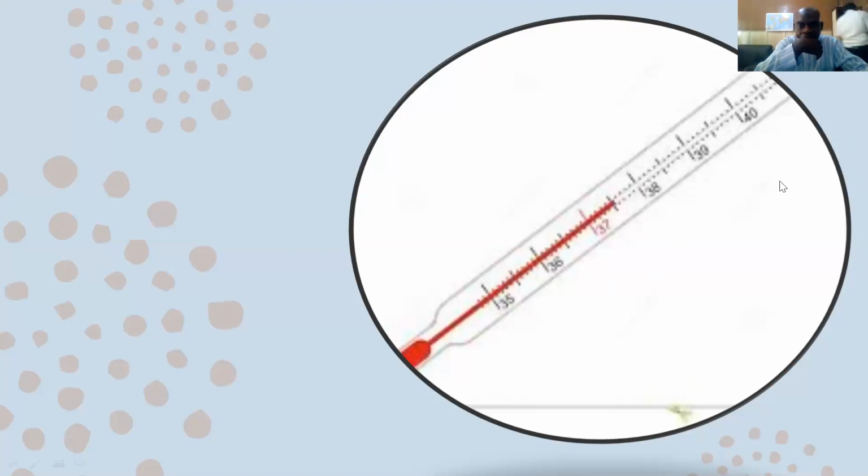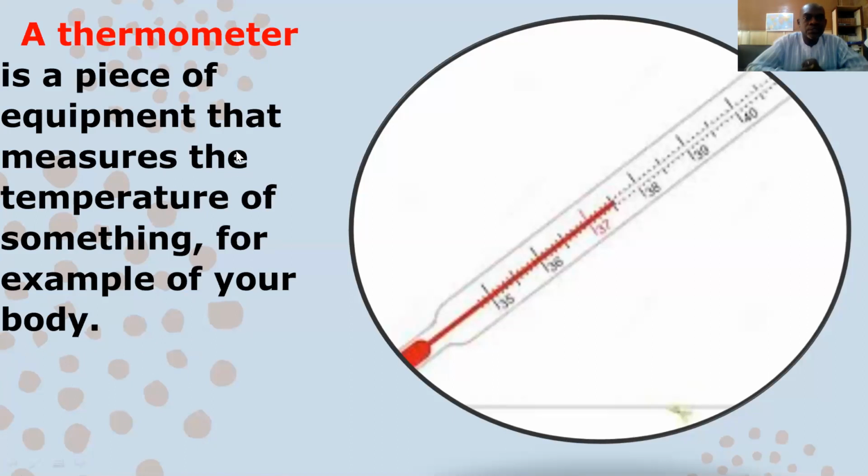That's correct. Okay, an object used to measure temperature. So a thermometer is a piece of equipment that measures the temperature of something, for example, of your body.